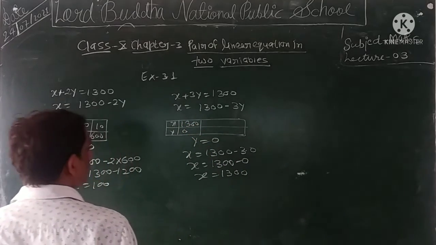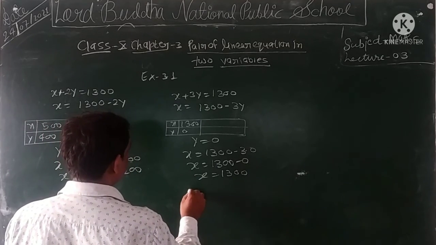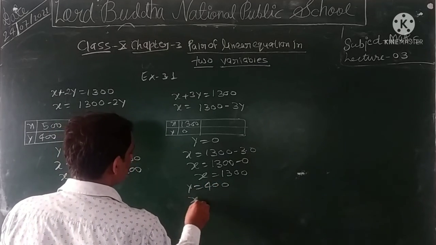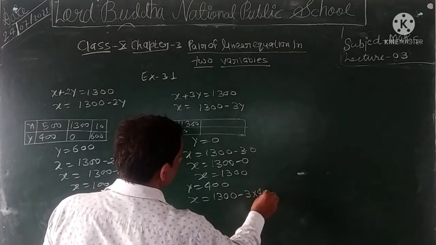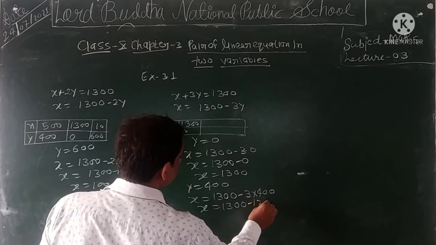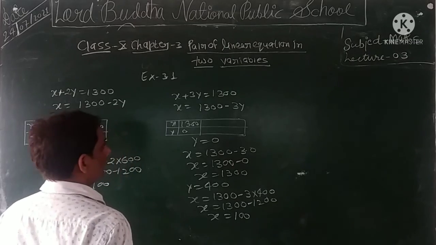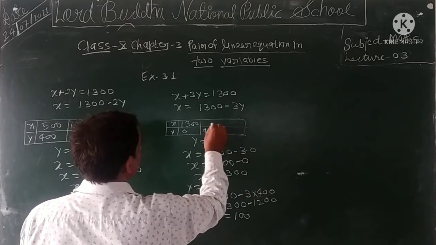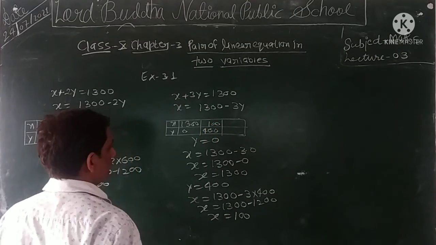Now we take y equal to 400, x equal to 1300 minus 3 into 400, x equal to 1300 minus 1200, x equal to 100. If we take y equal to 400, then we get x equal to 100. Now we take the next values.